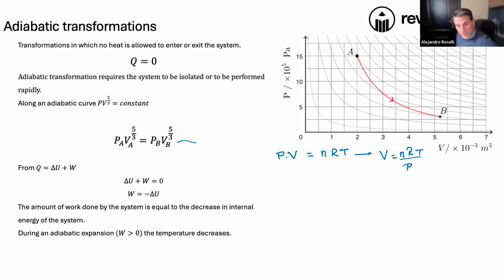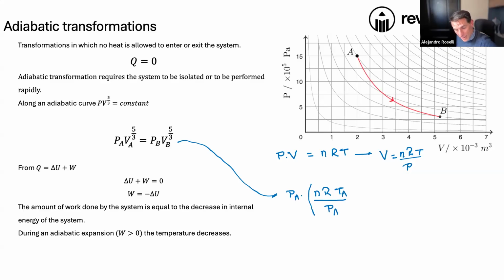So let's bring this equation forward and let's cancel all the constants out. So PA times, instead of VA, we can just write the number of moles times R times TA divided by PA.